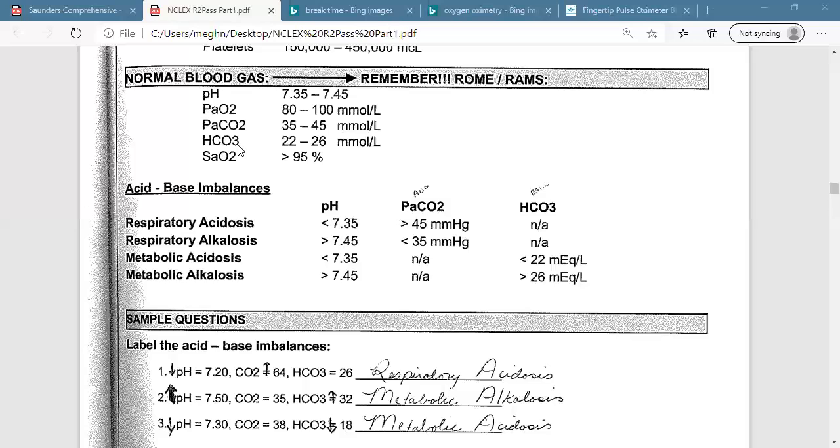If the patient has a problem in the upper gastrointestinal tract, like vomiting, suction tubing, or pyloric stenosis, it is all metabolic alkalosis. So any problem related to vomiting or suctioning or the upper GI is alkalosis.